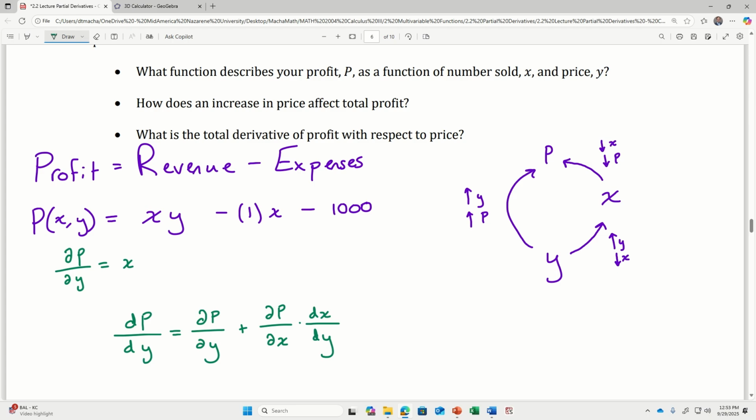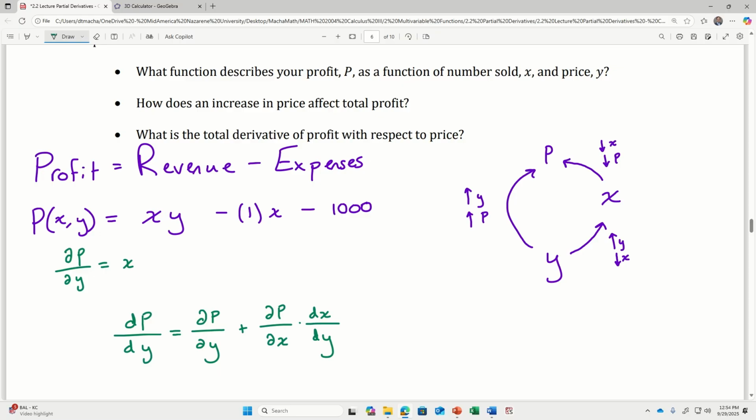And so then what you expect to see is the first term is saying, yeah, price directly affects profit by increasing your profit. But this part is saying price is going to decrease the number sold. So this is negative, and profit depends proportionally on the number sold. And so if this is positive and this is negative, then the second term is negative.